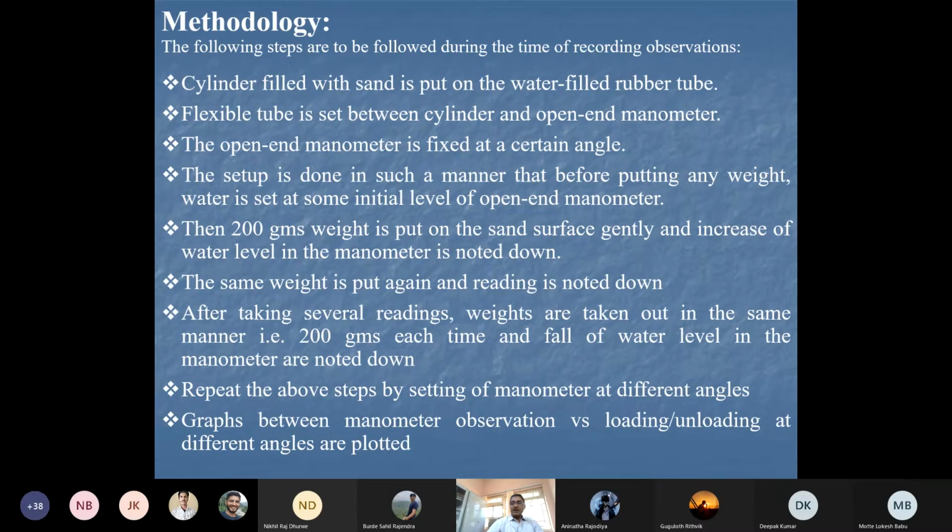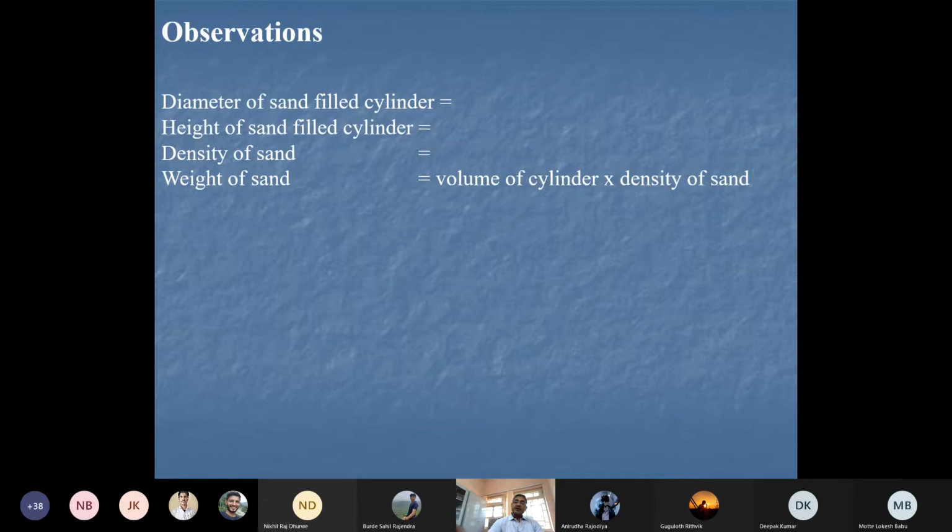And finally, once you have observations for different manometer angle conditions and the length of water in this manometric tube, we can find out a relationship between weight and length of water in this tube.